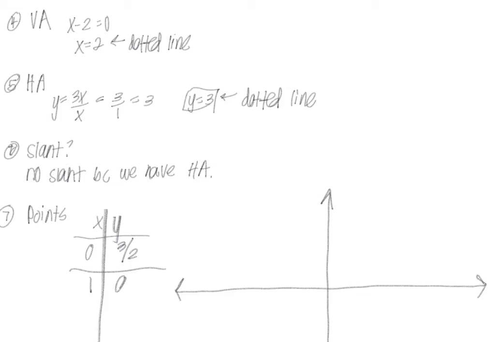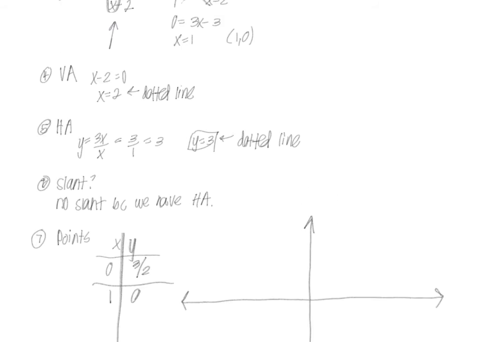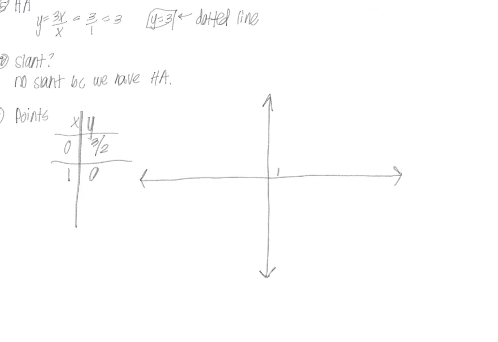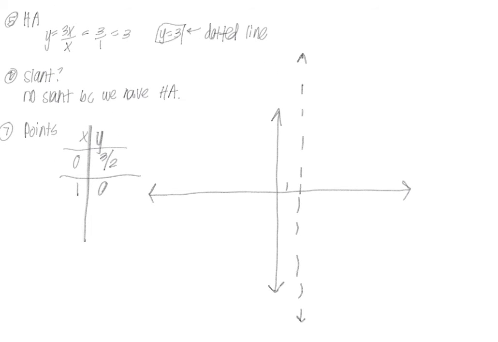There's a vertical asymptote at x equals 2. There's a horizontal asymptote at y equals 3. See how we did dotted lines for that.